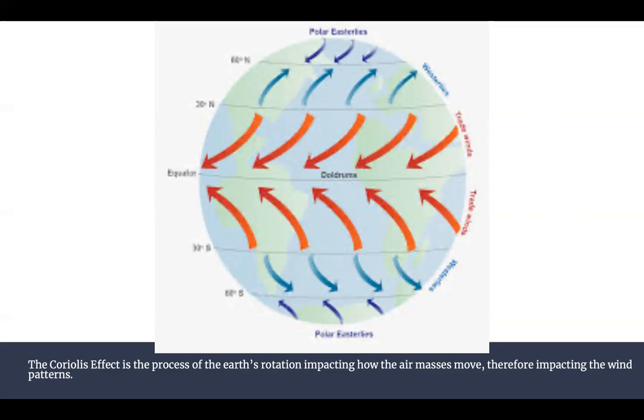Say originally that the rocket is at the 0 degrees longitude line. As the Earth is rotating, the longitude is going to be changing, and that's going to be impacting the flight trajectory of that plane. Similarly, wind is also impacted by that.